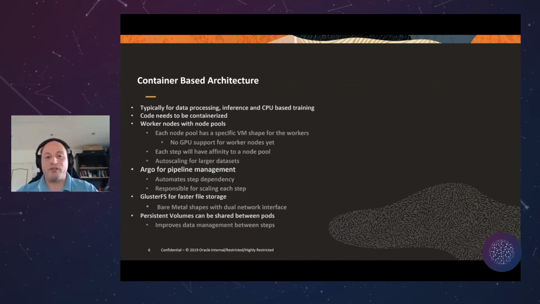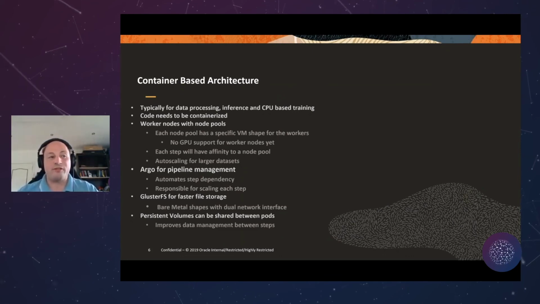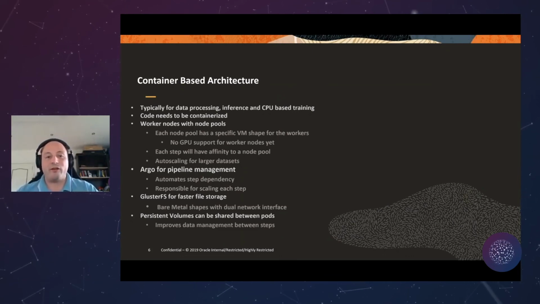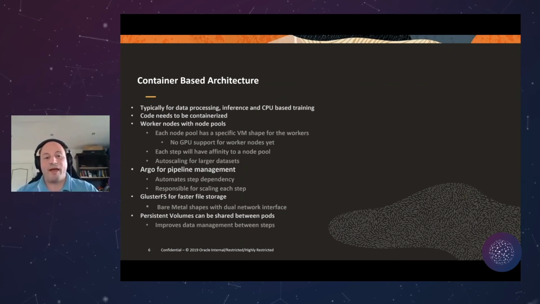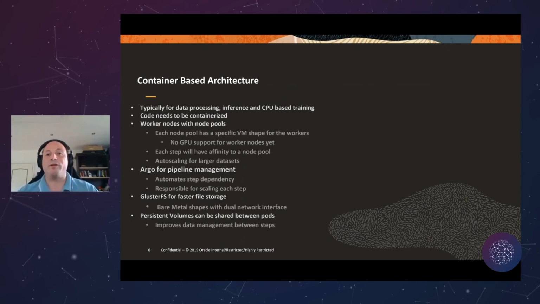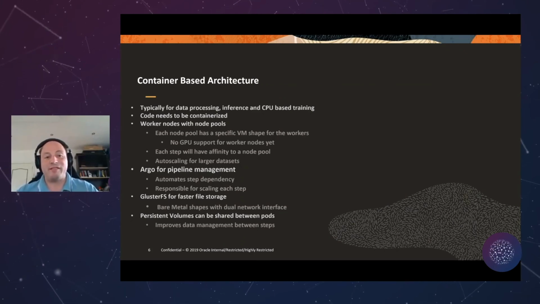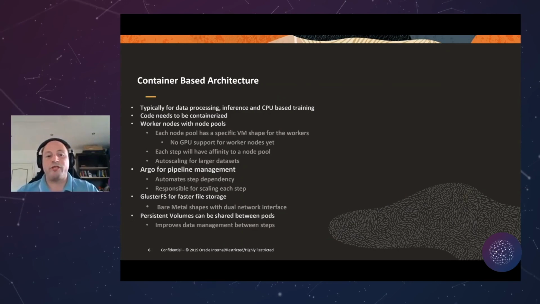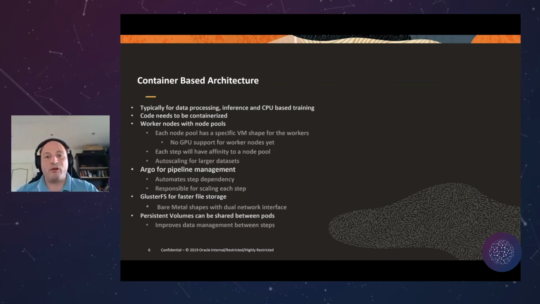What is really beneficial with a Kubernetes cluster is that within a cluster you have worker nodes, and a worker node has a pool of workers attached to it, and this basically dictates what infrastructure you're using. Because each step requires different infrastructure, we could create worker nodes with their pools depending on those steps.